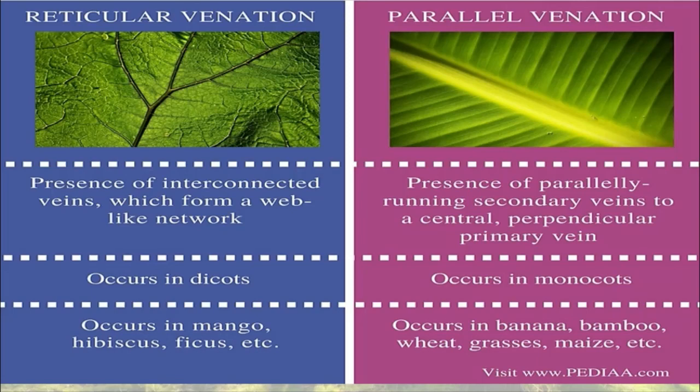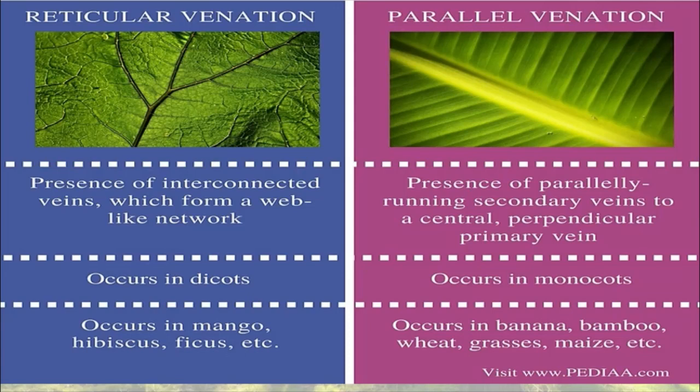Whereas in a parallel venation leaf, you will see that the veins arising from the midrib are perpendicular to the primary vein. So there is the presence of parallelly running secondary veins to a central primary vein.